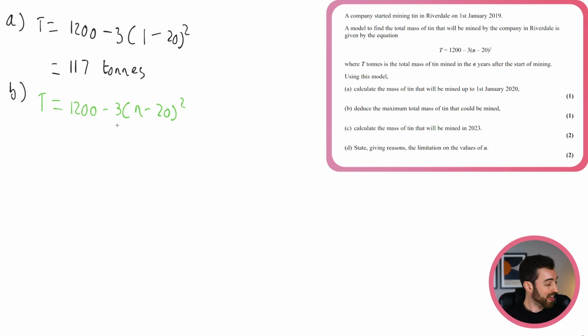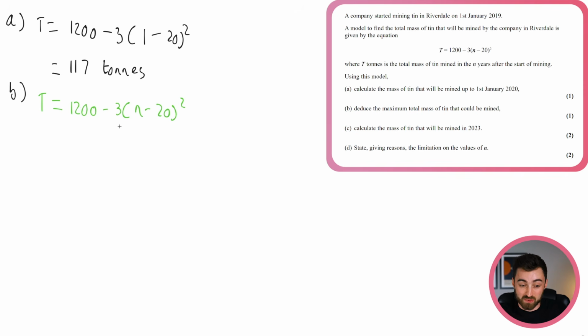So this is going to be positive because it's already going to be squared. 3 times a positive number is a positive number. So essentially, this mass is going to be 1200 minus some positive number. Well, if I want to maximize the value of t here, surely I don't want to take anything away from this number. I don't want to take away a positive.